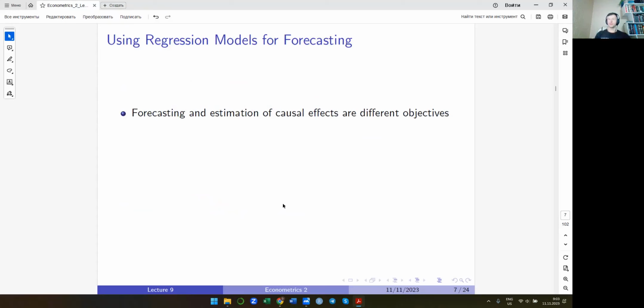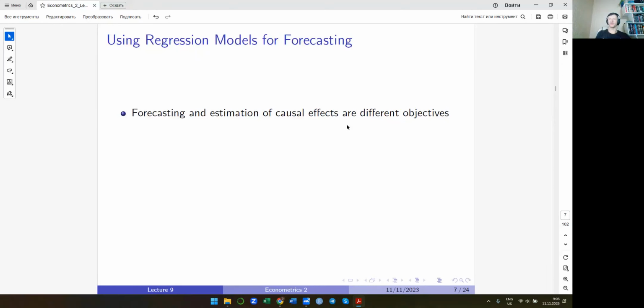And here is the major difference between what we are going to talk about in the next lectures and what we have been talking about before. When we use regression models for forecasting, this is something different from the estimation of causal effects.